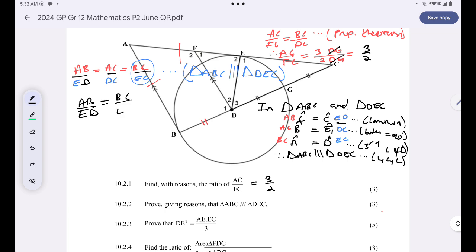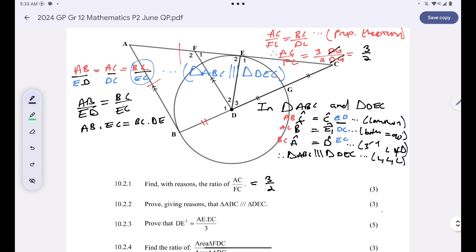And then BC over EC, right? I can cross multiply here. I will have AB multiplied by EC equaling BC multiplied by DE. DE and ED are the same thing.